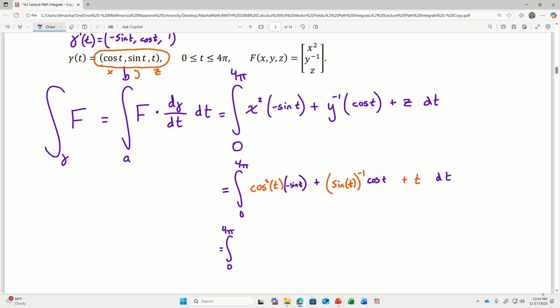So we've got cosine squared over sine and a negative cosine squared over sine.